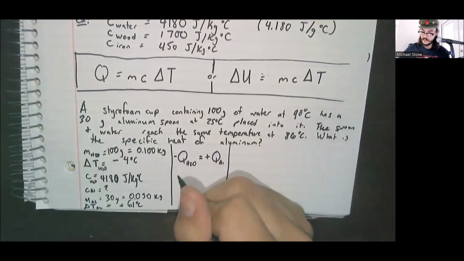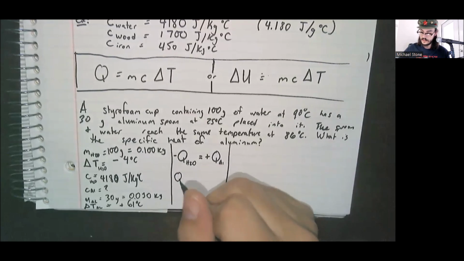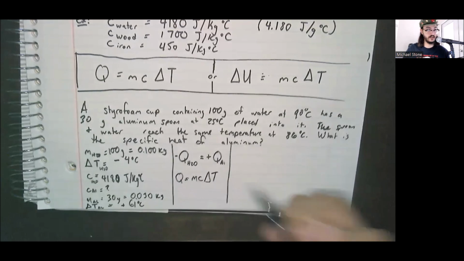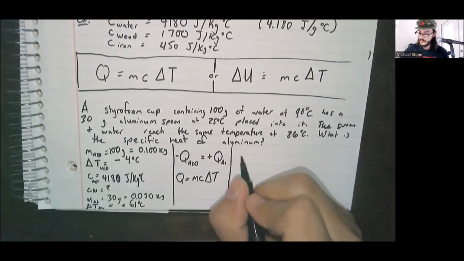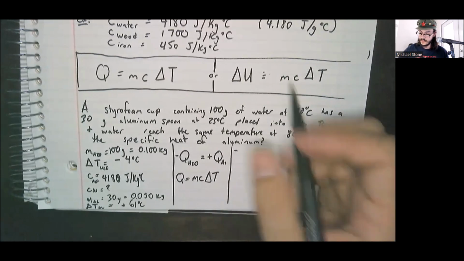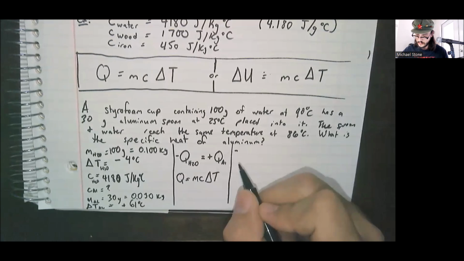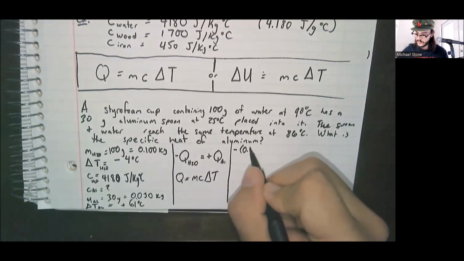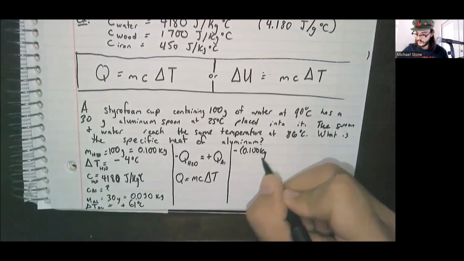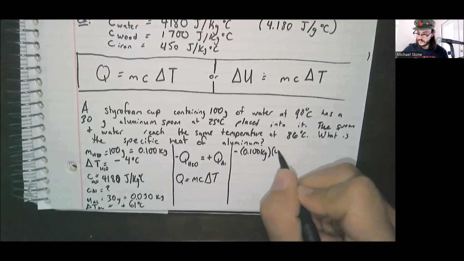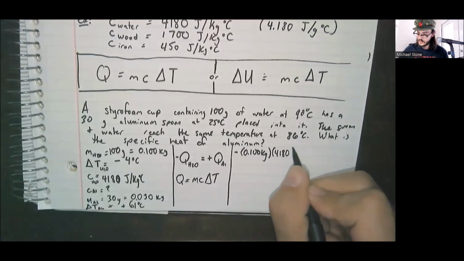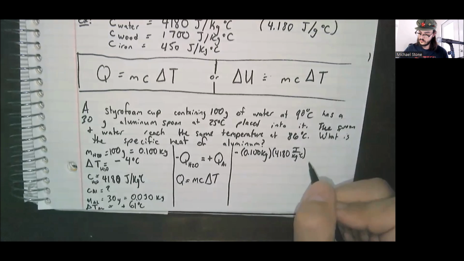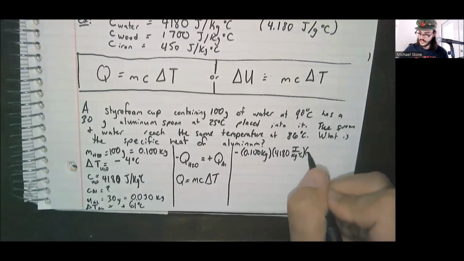And for both of those, Q is equal to MC delta T. So the loss of heat from the water, which would be mass of the water, 0.100 kilo, 4180 joules per kilogram degree Celsius, negative 4.